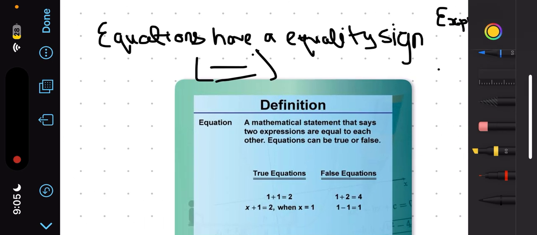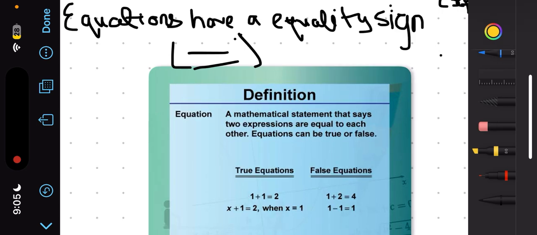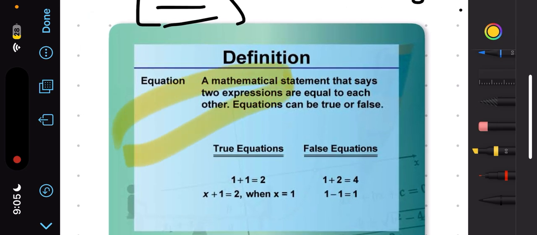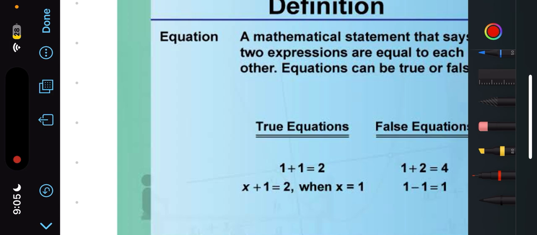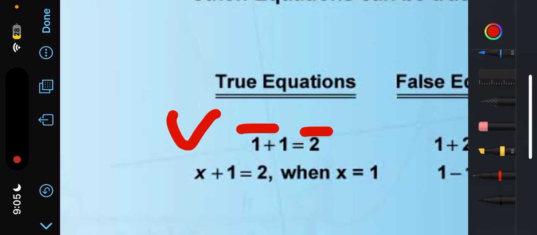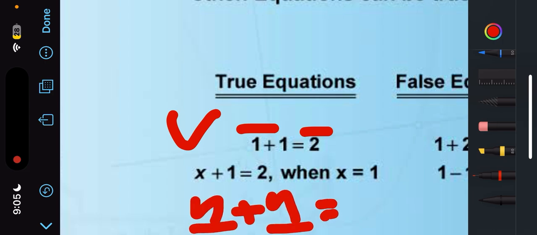There are a lot of types of equations. First of all, true equation and false equation. True means the value after equals is correct, and false means the value after equals is not correct. For example, 1 plus 1 is equal to 2 means it is a true equation. x plus 1 equals 2, x is equal to 1, so 1 plus 1 is equal to 2.